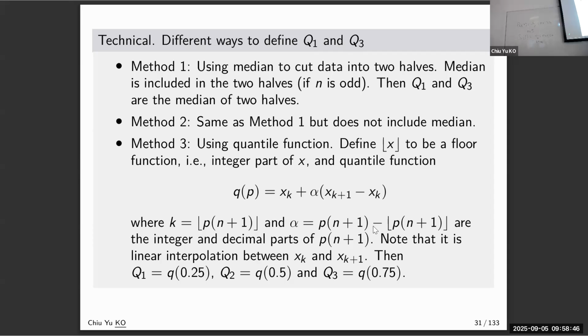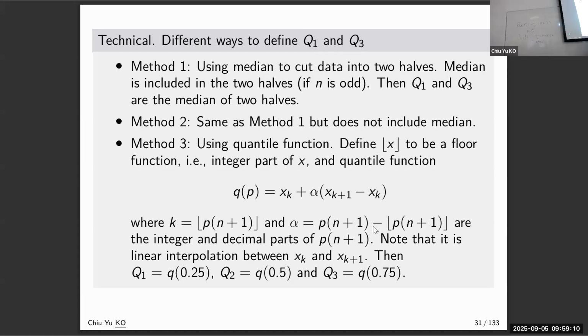You start from here and go halfway between them, the middle guy. That's actually the same as the average: if you simplify the math, it's simply (x1 + x2)/2.